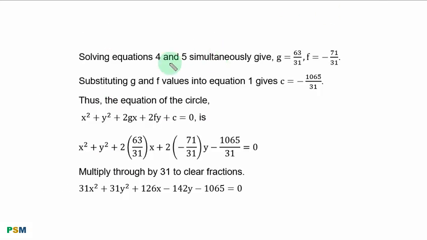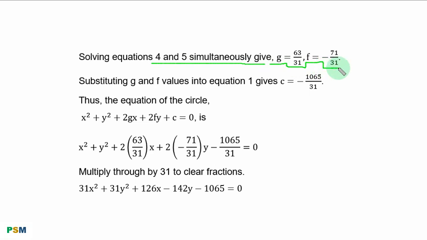Solving equations 4 and 5 simultaneously gives g equal to 63 over 31, f equal to minus 71 over 31.